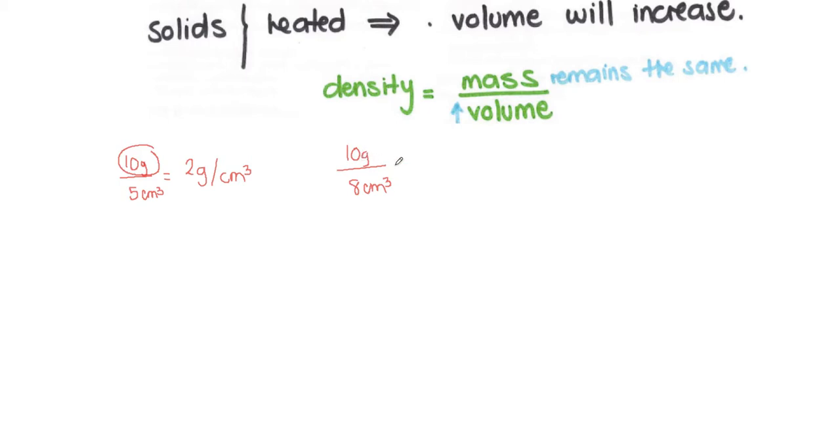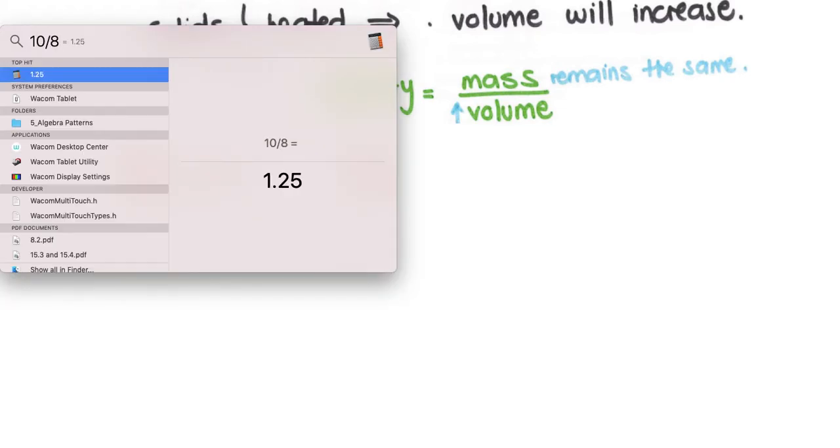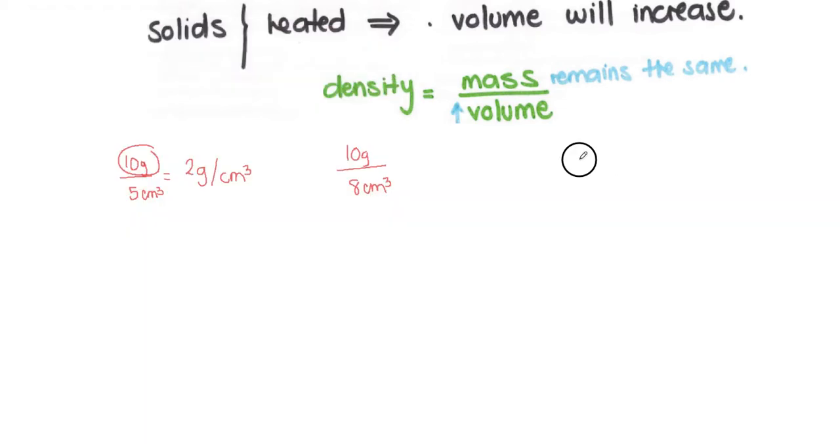So if I do 10 grams divided by 8, I don't have it here, but I can use this. 10 divided by 8, 1.25. So this is going to be equal to 1.25 grams per cubic centimeter. So what happened? It became smaller. It was 2 grams before, and now it is 1.25.